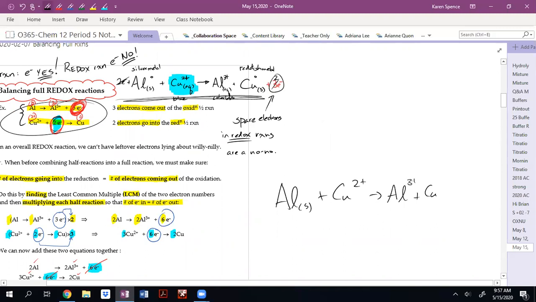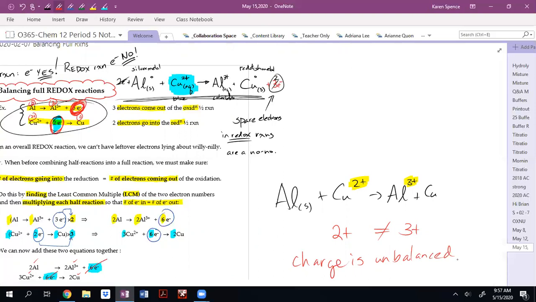I have the same number of aluminums on both sides. But now in grade 12, you're going to look at that and say, but hey, watch out. 2 plus does not equal 3 plus. So the charge is unbalanced. That means this is an unbalanced redox reaction. And we need to be able to balance an unbalanced redox reaction.